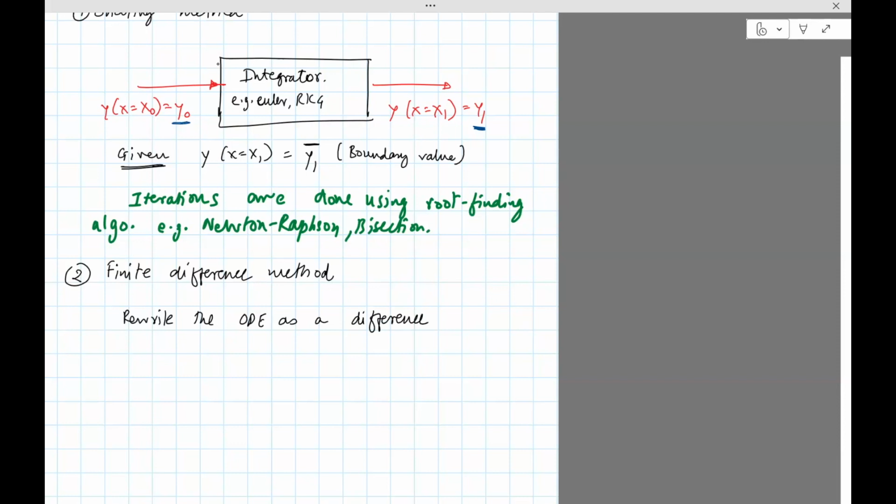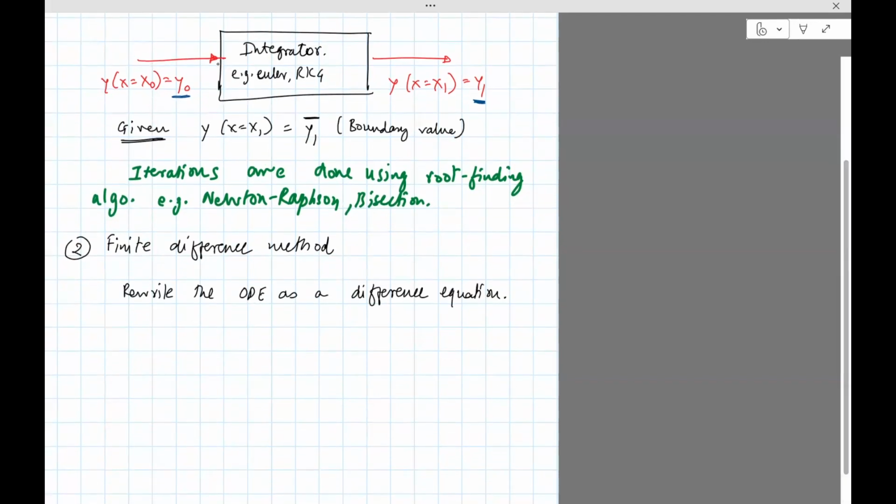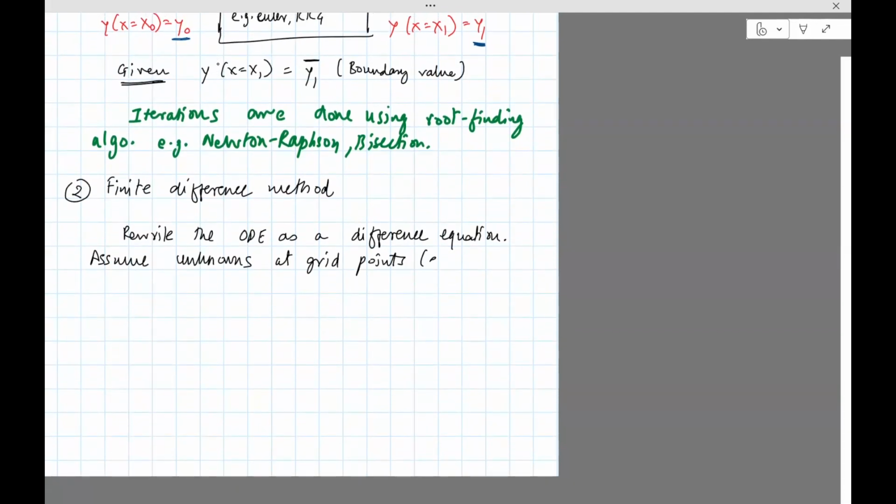Forward difference, backward difference, and so on. Assume unknowns at grid points. So an example would be y0, y1, y2. Set up conditions based on 1 and 2.